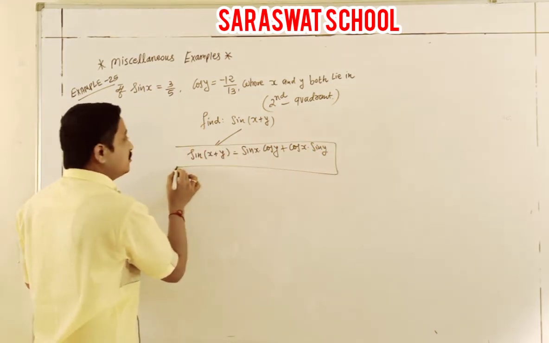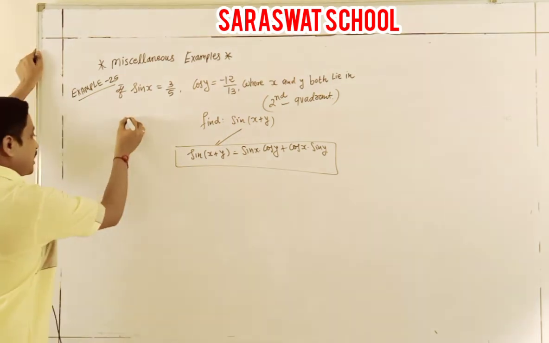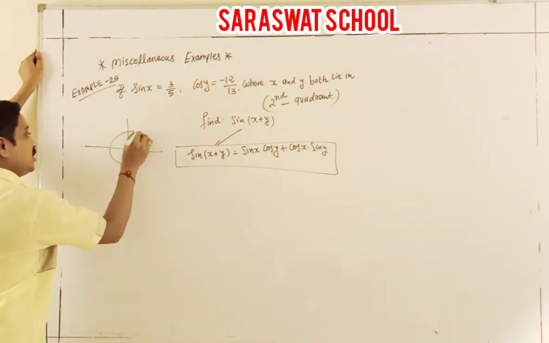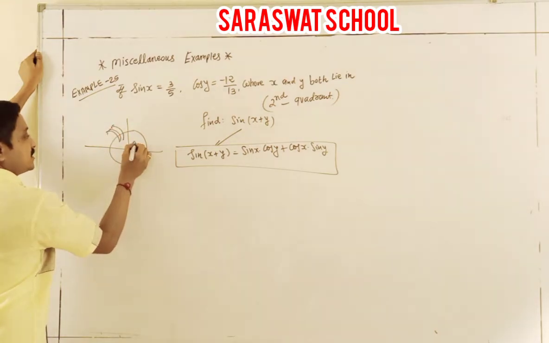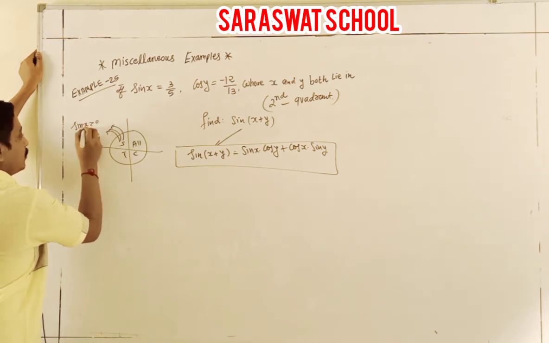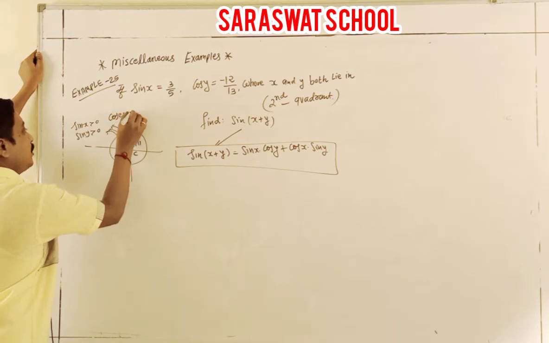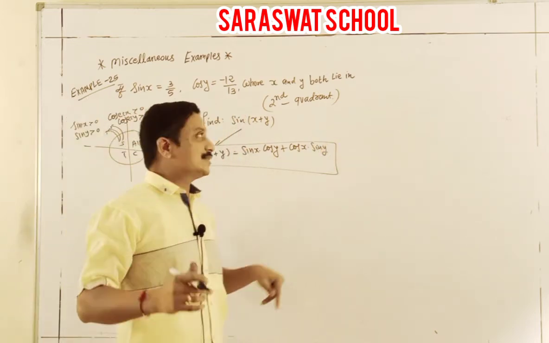Yes, both are in the second quadrant. It means you are here. All STC: here sin x positive, sin y positive, cosec x positive and cosec y positive. But I want only sin and cos.